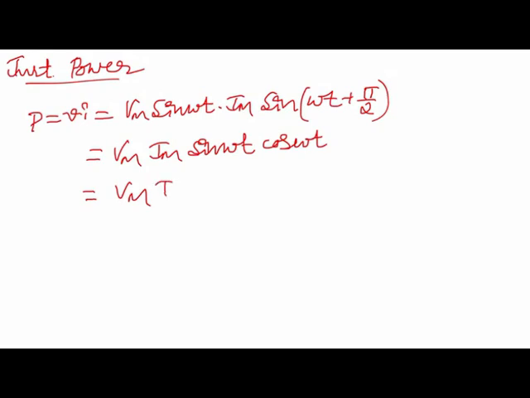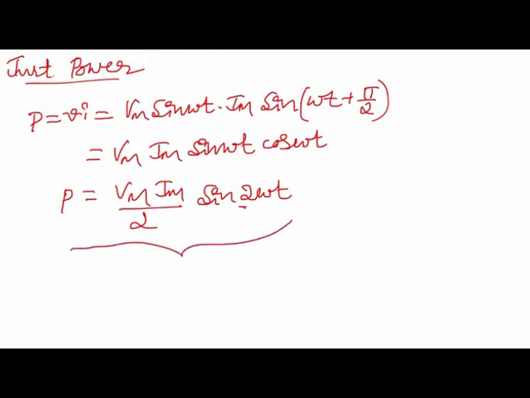So that is Vm Im by 2 into sin 2 omega t. This is the instantaneous power in the pure capacitive circuit. Here also we can observe there is no constant, fixed term. It is variable with respect to 2 times the normal frequency.